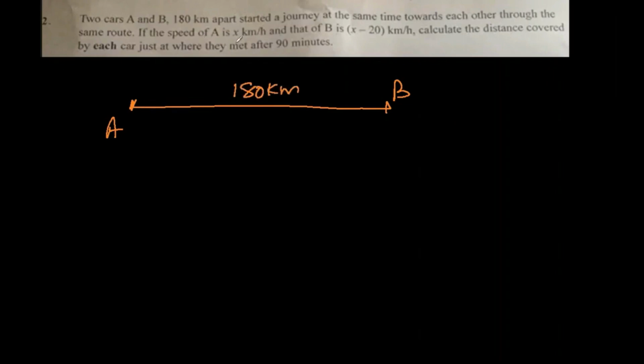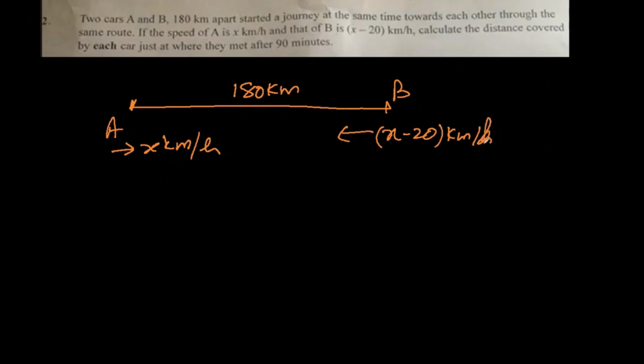If the speed of A is x kilometers per hour, so it is going here, and B is 20 kilometers per hour lesser, x minus 20 kilometers per hour, towards this direction. Calculate the distance covered by each car just where they met after 90 minutes.